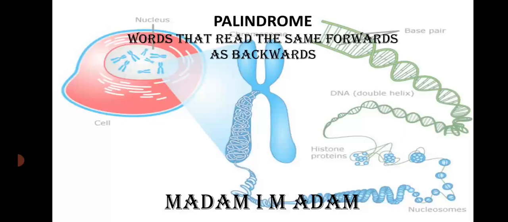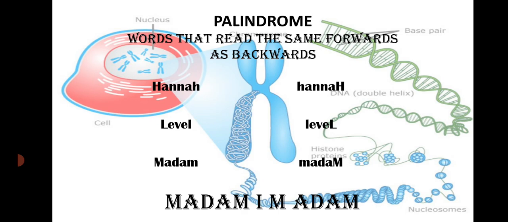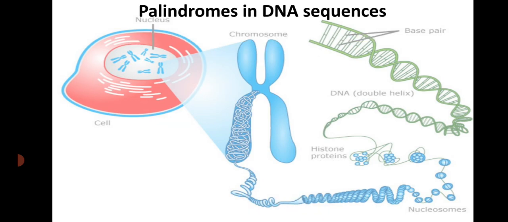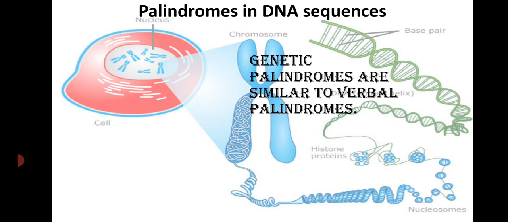For example, Hana, level, madam. If you read them backward, they read the same. Restriction nucleases cut DNA sequences which are palindromes.